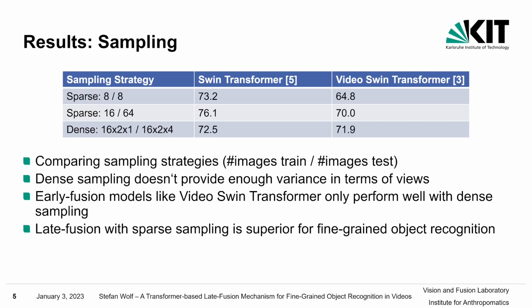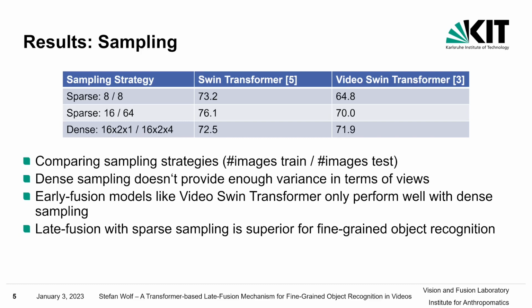Thus, we started off by building a baseline using a recent single image classification architecture, the Swin Transformer, and combining it with an averaging of the results. We evaluate it with two different sampling strategies. The first is a sparse sampling strategy, where we spread out the extraction of the images over the whole video to get a wide variety of views.